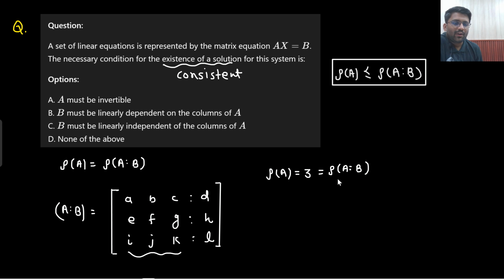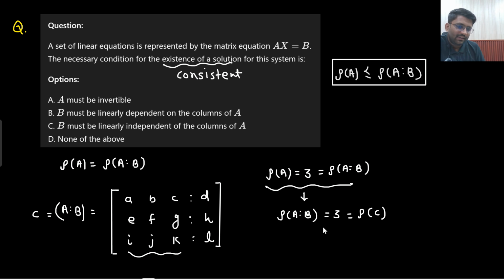So I am talking about rank of A augmented B. In this condition, rank of A augmented B is coming out to be 3. Let's call this matrix C. That means rank of C is coming out to be 3.